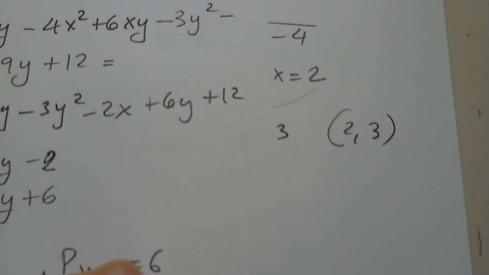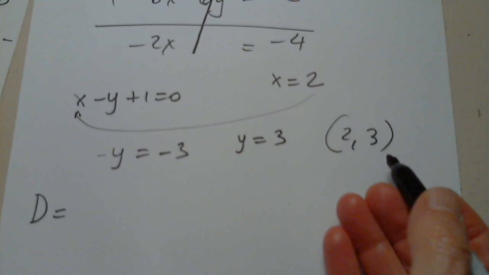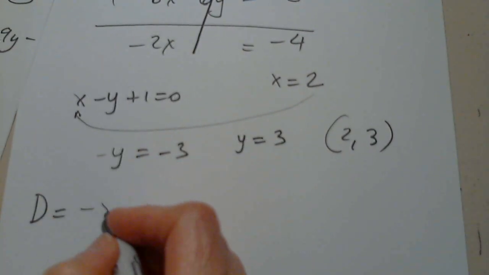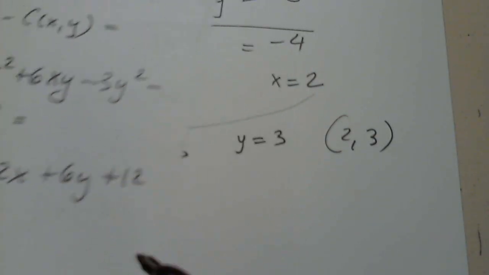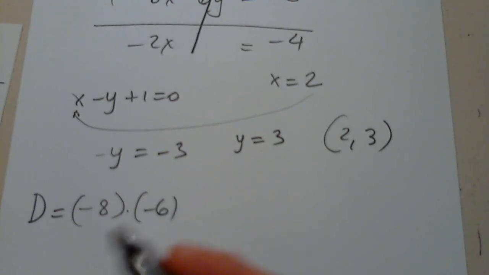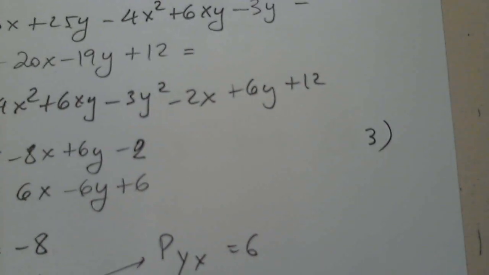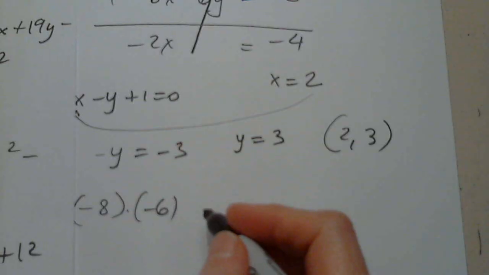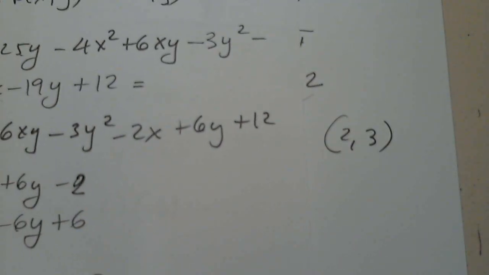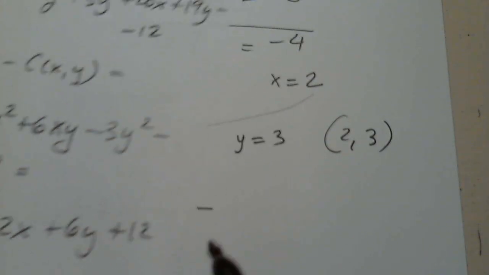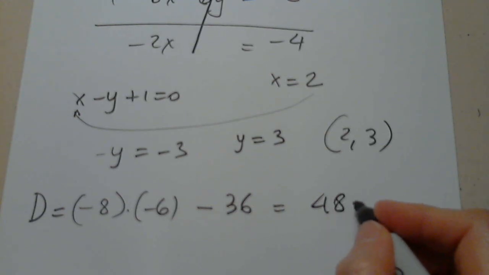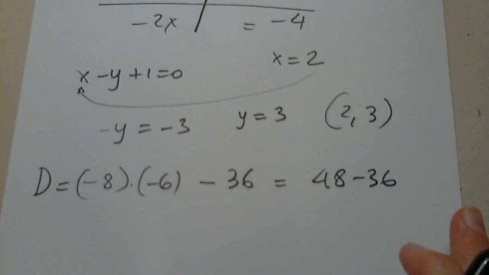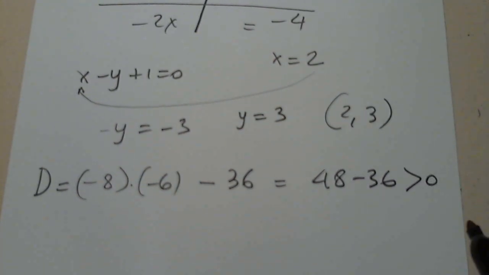Now I'm ready for the D-test. Pxx is negative 8. I cannot plug in anything, it's just negative 8. Pyy is negative 6. There is nothing I can plug in. Minus Pxy or Pyx, it doesn't matter, squared. Very good. So 48 minus 36, I don't even care for the number. It's a positive number.